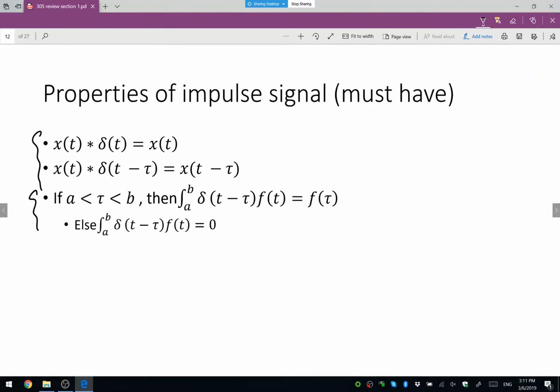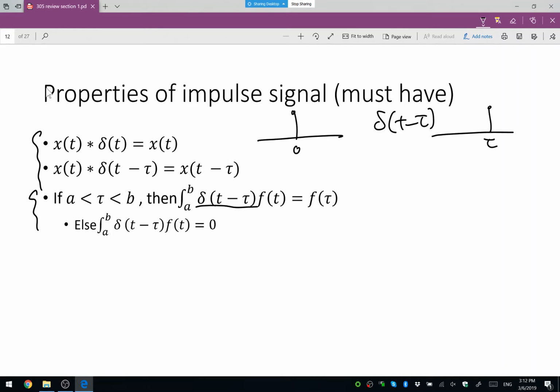How we use that is we see this delta function is shifted. The delta function is at 0, so if it is delta(t minus tau), that means this impulse is at time tau. That is the position of the delta. We want to know if this position is inside the range of the integral.